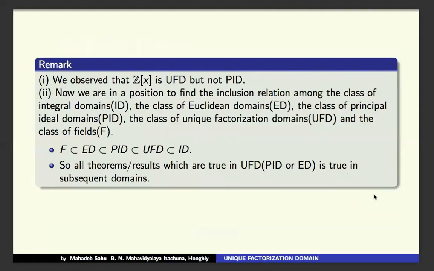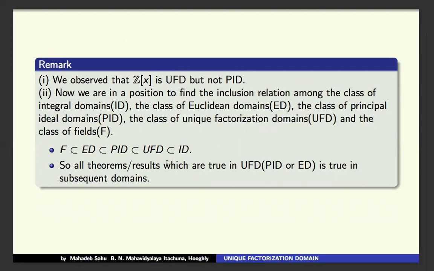So we observe and remark something. Z[x] is a UFD but not a PID. So the class of PIDs is smaller than the class of UFDs. And as all are integral domains, above all we have integral domains, so UFD is a subset of integral domain.